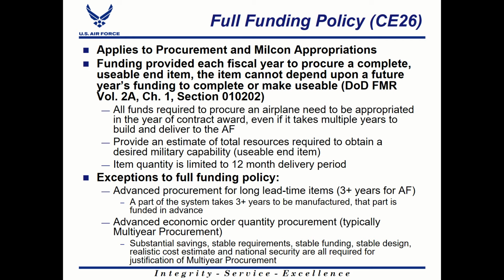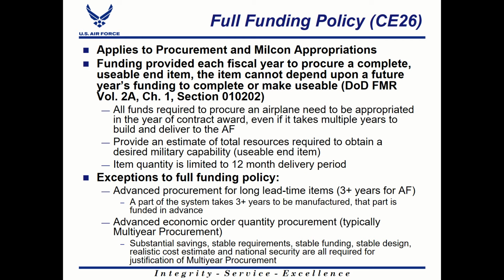Similarly, if we're going to purchase 1,000 missiles, and there's a component within the missile that is substantially less expensive if you buy it in a bulk quantity. Say that there's a component that if you buy all 1,000 of them up front, you can save 10%, 20% of the cost of those components.